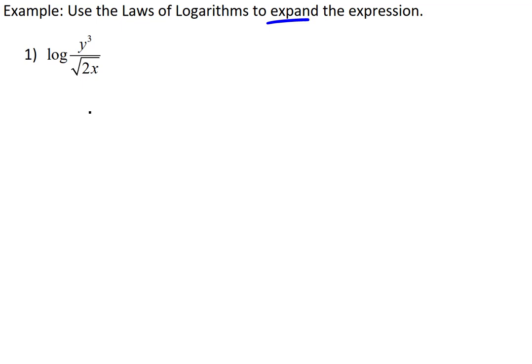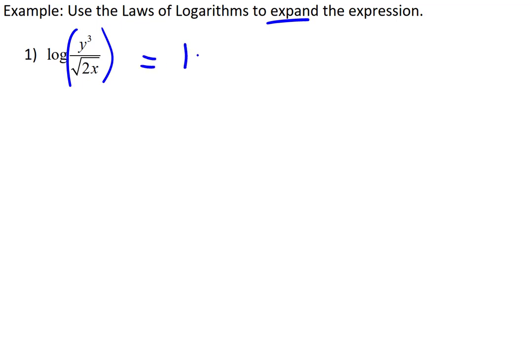Let's observe that in the biggest picture, this log really does have a quotient as its input. Everything after the log is in a large fraction, where it has a numerator of y cubed and a denominator of square root of 2x. So if we recall what our quotient log law said, we can split that up in the following way.